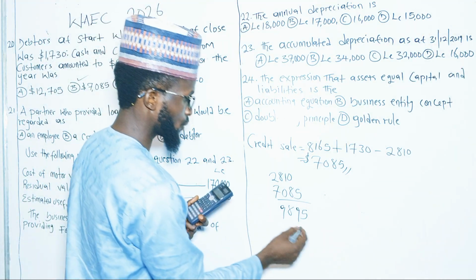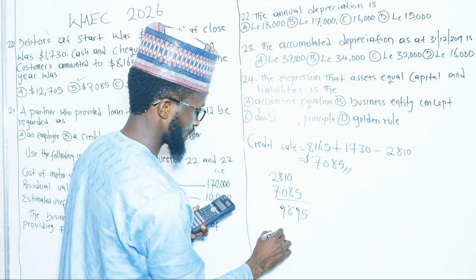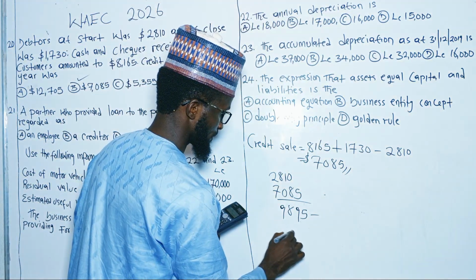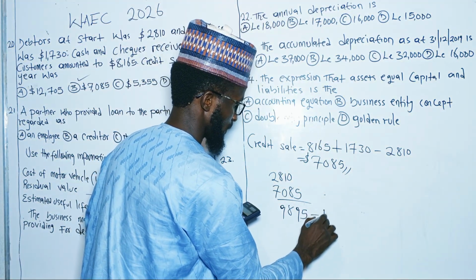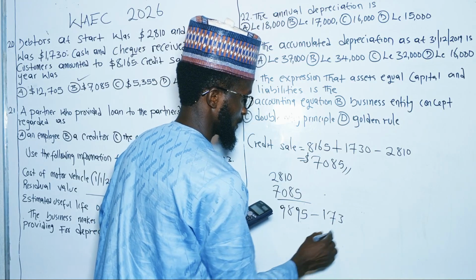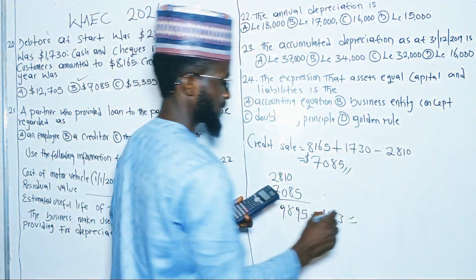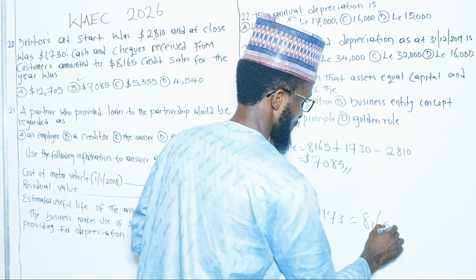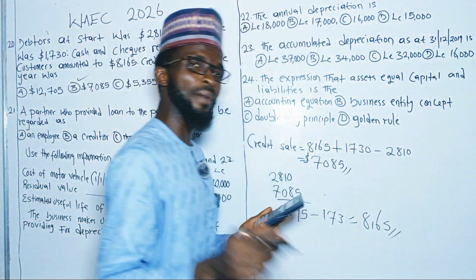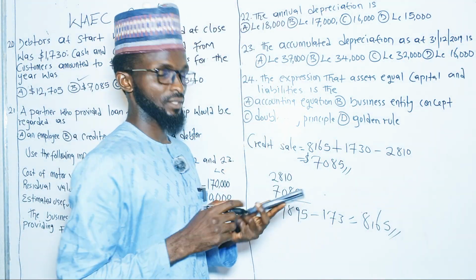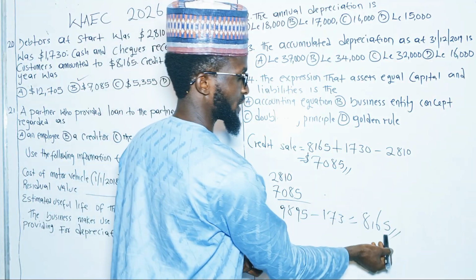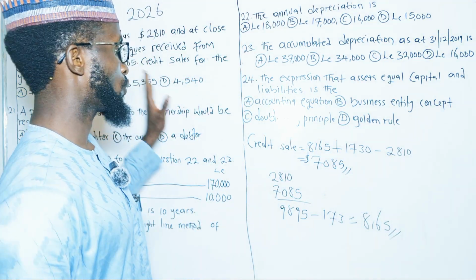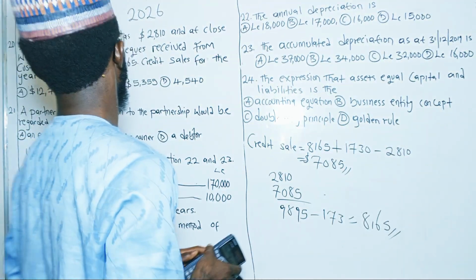When you less the closing balance of debtors, 1,730, you are going to have 8,165. That is the cash they paid. You can see we have determined the amount they paid. So this is the solution to question 20. Let's continue.